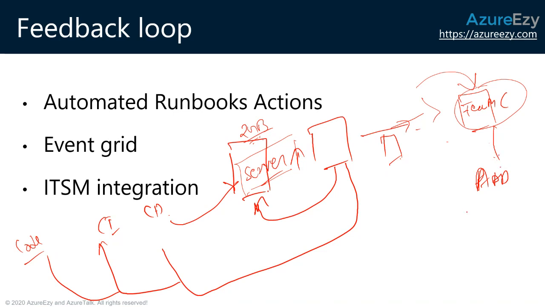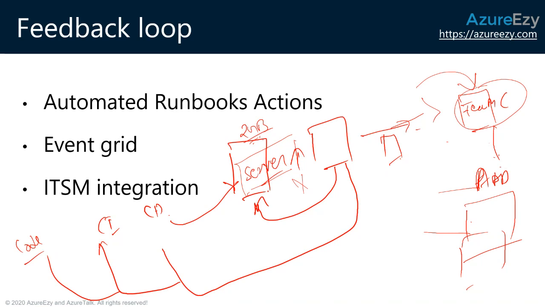Now Team C has an automated way of scaling up. That can be done. You have a script which does this thing, or it may be a manual process. It is up to the maturity of the team and the maturity of the DevOps adoption that you have in that company, and in that team. But these different types of feedback, you can send it back to the team. And these teams can differ.